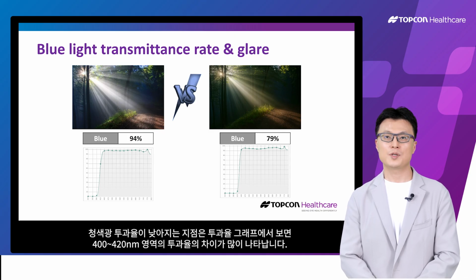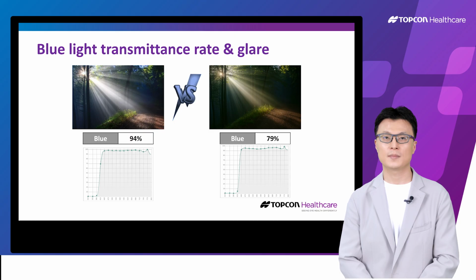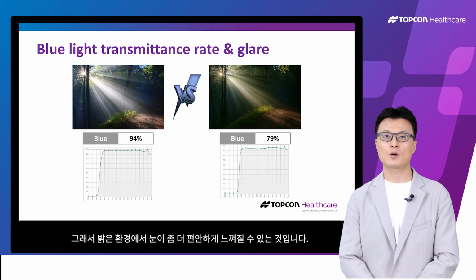If you look at the transmission graph, the biggest change happens in the 400 to 420 nanometer range. And as shown here, when you lower the blue light transmittance, glare decreases, which can ease symptoms of eye strain. This makes your eyes feel more comfortable, especially in brighter environments.